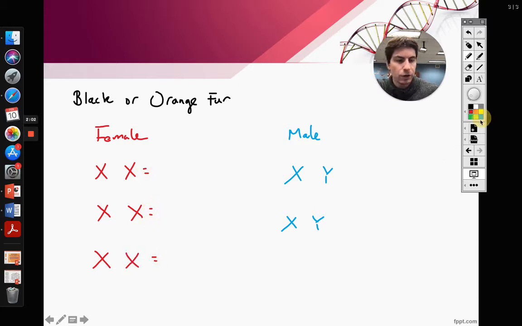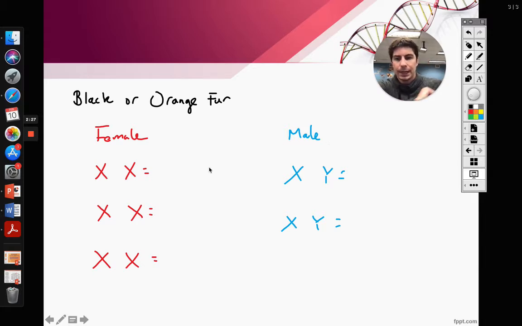All right, so it's codominant, so we're going to have two capital alleles. I'm just going to use B and O, B for black and O for orange. I know I talked to you guys in the past about using different letters. I know capital O looks like lowercase o, but we're only dealing with capital, so it really doesn't matter.